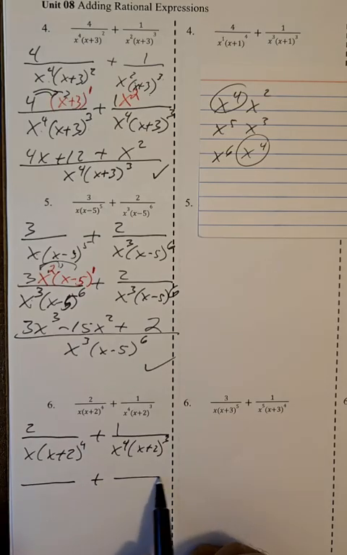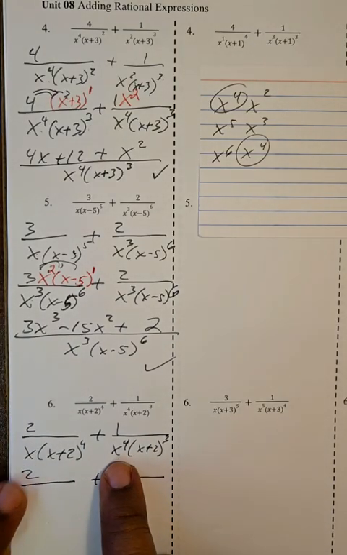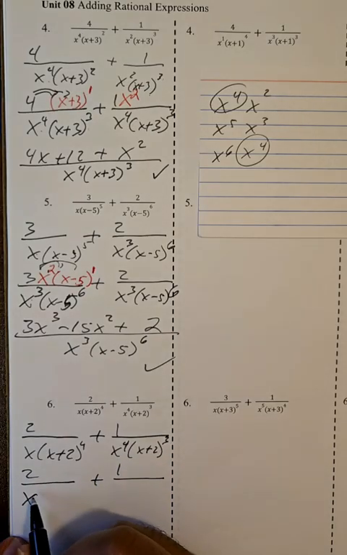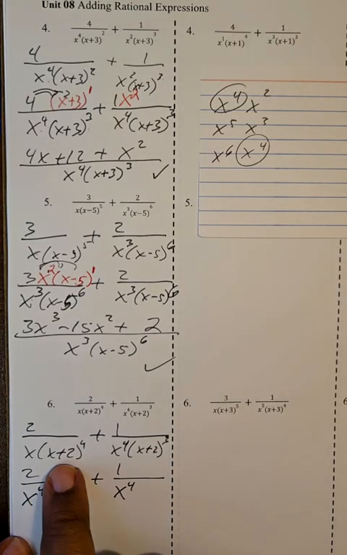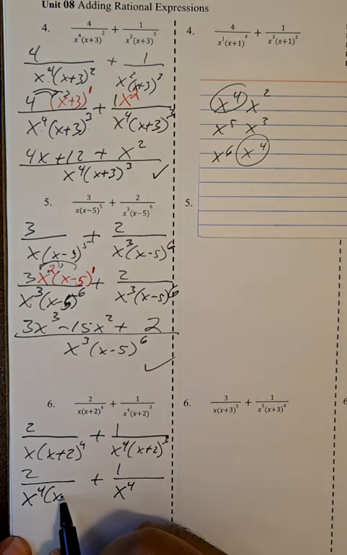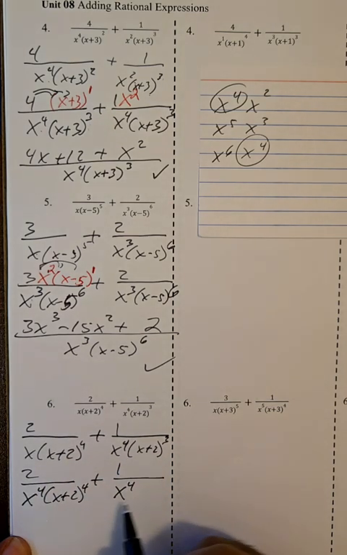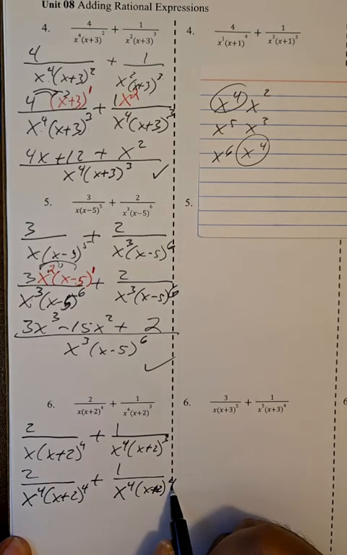Okay, now if x and x to the 4th, we'll use x to the 4th for the least common denominator. We have 4 of these x plus 2s, and 3 of them, so we'll use the 4th. X plus 2 to the 4th power, should I say.